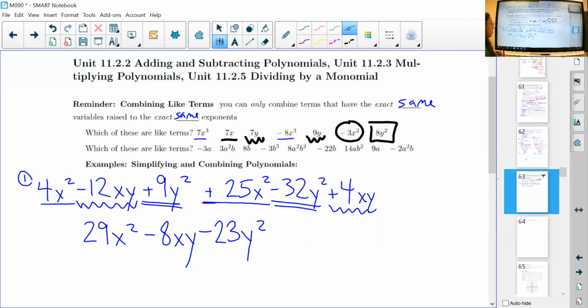So the y squareds don't disappear. For example, 3x minus 2x equals x. The x's don't disappear. It's not just one. Okay.